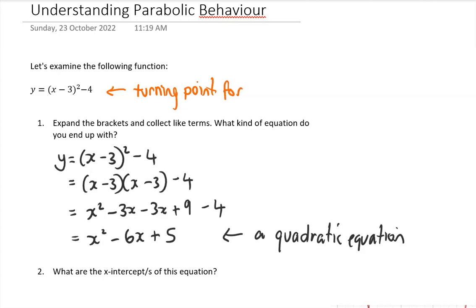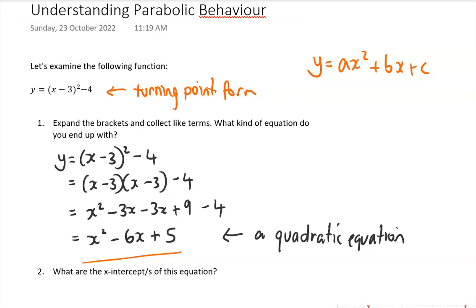Now we've looked at quadratics already and we've seen that a quadratic typically looks like ax squared plus bx plus c, which is what you see down here. But we're going to be exploring a different way that a quadratic can be expressed and how that might benefit us, and what the positives of that sort of thing are. So we've taken the turning point form and made it into a quadratic just to prove that it's possible.